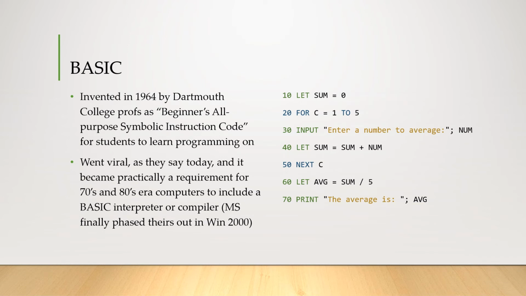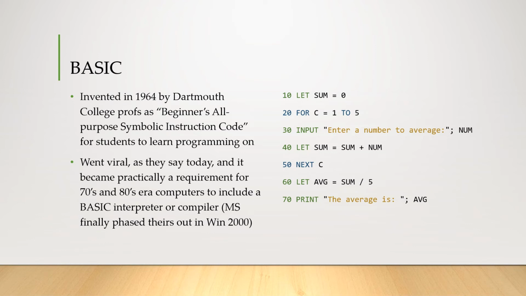Well, this is pretty much what that looks like in BASIC. Now, BASIC used line numbers, sort of similar to how you saw us use with FORTRAN, and there was a lot of jumping from line number to line number in your average BASIC program, but they did have a structured for loop.